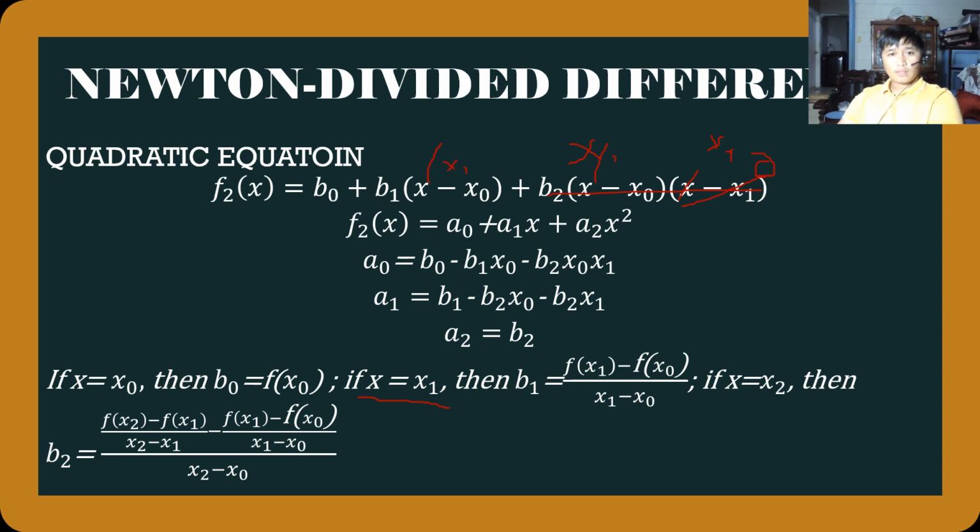So what we have left is this term here, and by algebra, in terms of b sub 1, this will equal to this one. So transpose this to the other side, and since b sub 0 is equal to f of x sub 0, we replace this b sub 0 with this one, and then divide both sides by x sub 1 minus x sub 0 here.